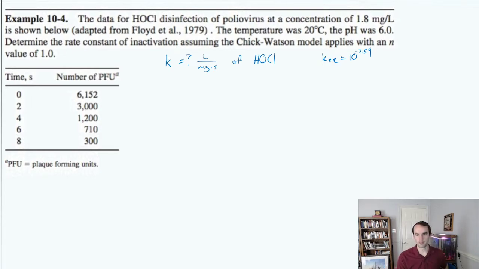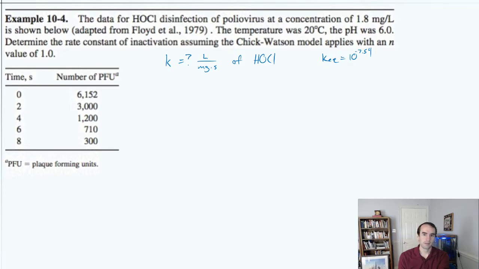Okay, so the question is asking for this K value that will be in liters per milligram per second, given that we're in per seconds here, of HOCl. Now we have a number here of the plaque forming units for poliovirus.